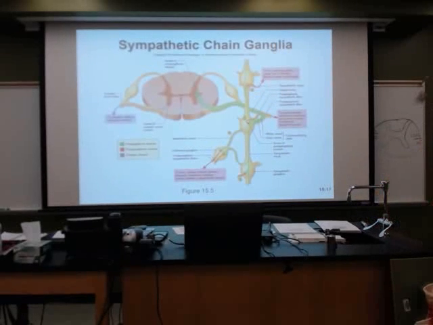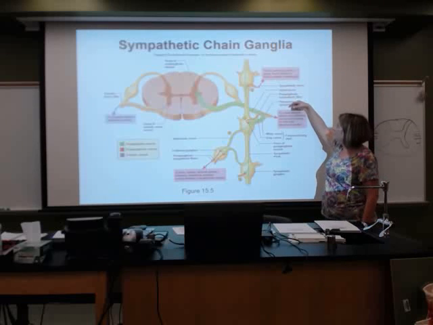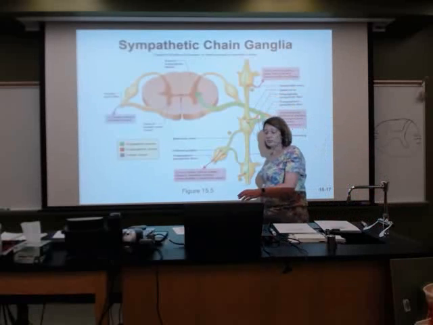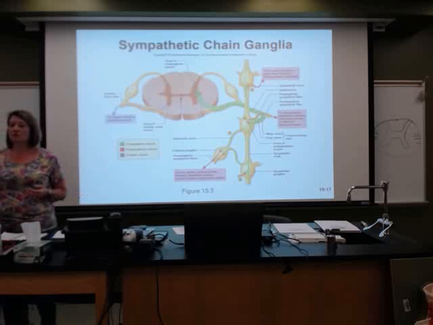It's not, for the most part, going to hit one of those accessory ganglia. It's just going to synapse in the chain and travel to, for example, the iris, the salivary gland, blood vessels in that area of the body, the lungs, the heart. So we're traveling in the direction of where that action potential needs to go.